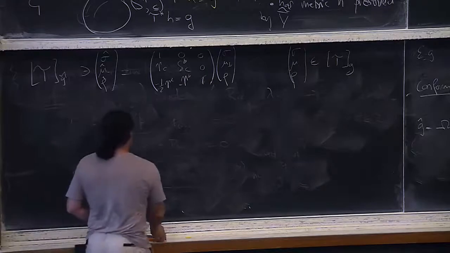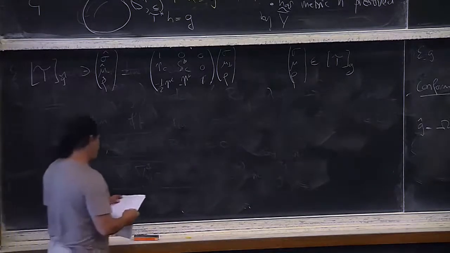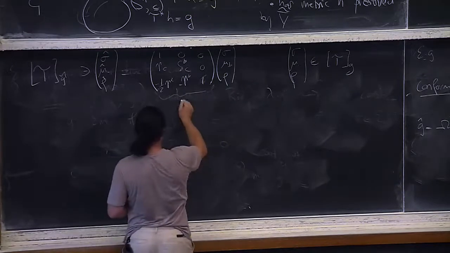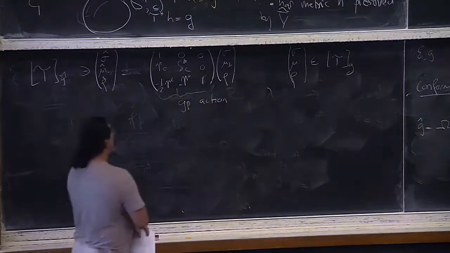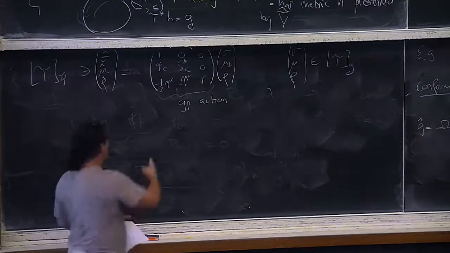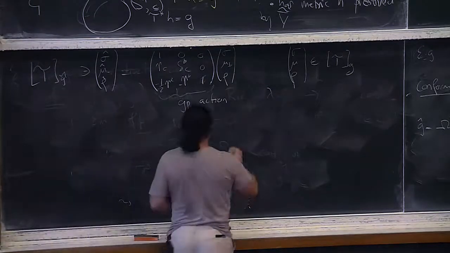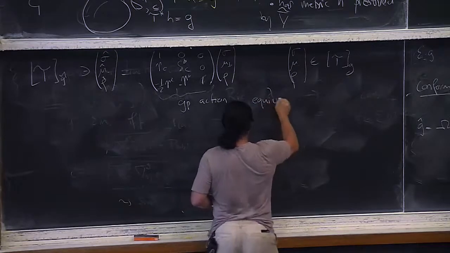Okay, and what you observe, or you could check if you don't see it immediately, is that this is basically a point-dependent group action. So if you compose two things like that, you get another thing that looks like that, and therefore we get an equivalence relation.